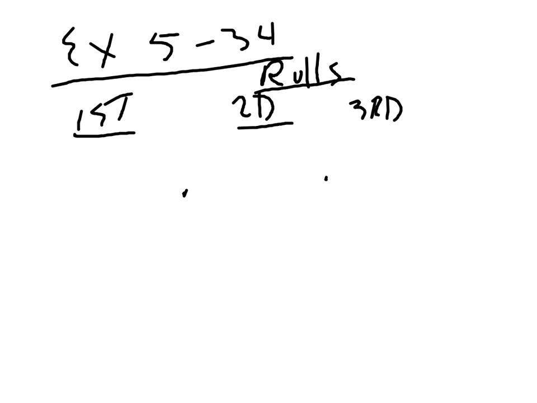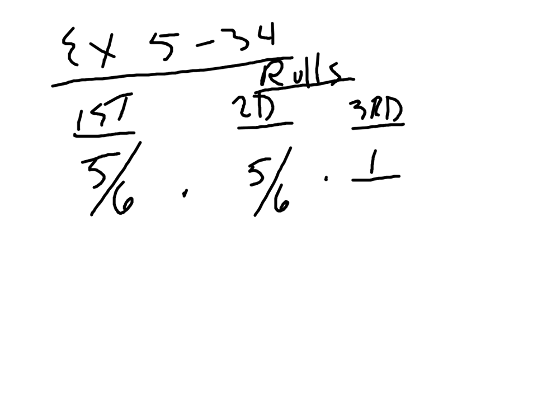The probability of not getting a 2 on the first roll is 5 out of 6. The probability of not getting a 2 on the second roll is also 5 out of 6. Now, the probability of getting the 2 on the third roll, the way they've defined the problem, would be 1 out of 6.